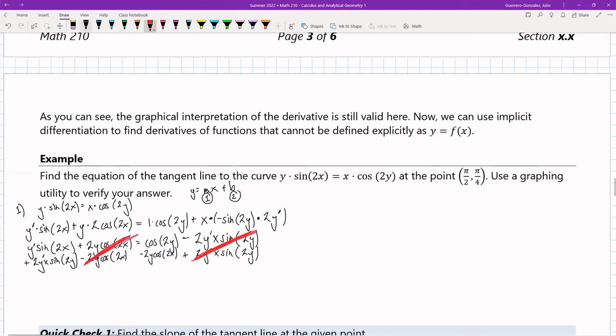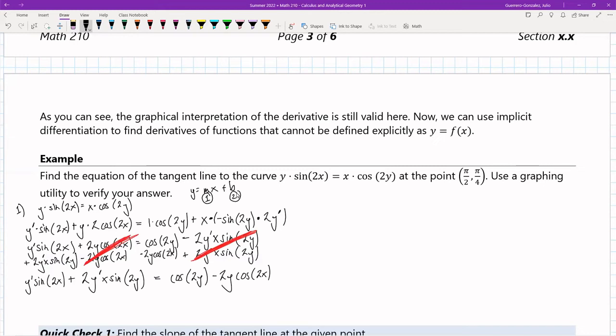So what I have left now, I'm going to rewrite it in all its glory, okay? y prime sine of 2x, that's what we had from before. The next thing is what I sent over from the right-hand side, plus 2y prime x sine of 2y is equal to cosine of 2y minus 2y cosine of 2x.